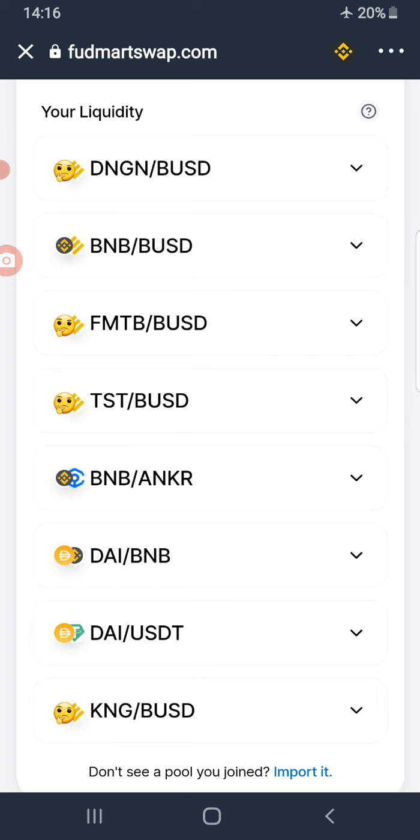We will reward them with FMTB tokens, which they can easily withdraw at any time, because FMTB token has liquidity pools. And we'll have more pools coming for FMTB, which will be announced this week. So I urge you all to participate.